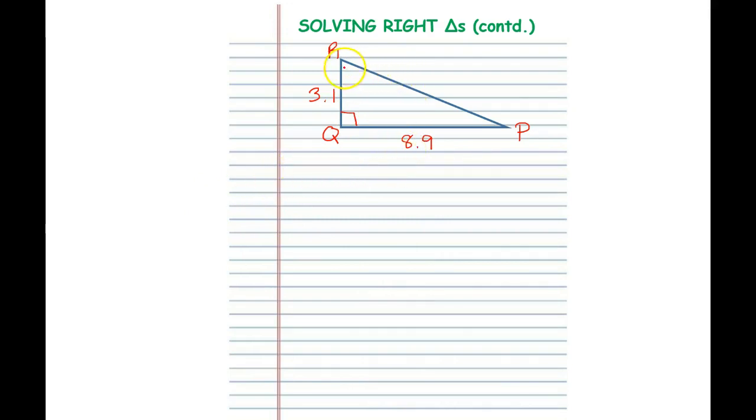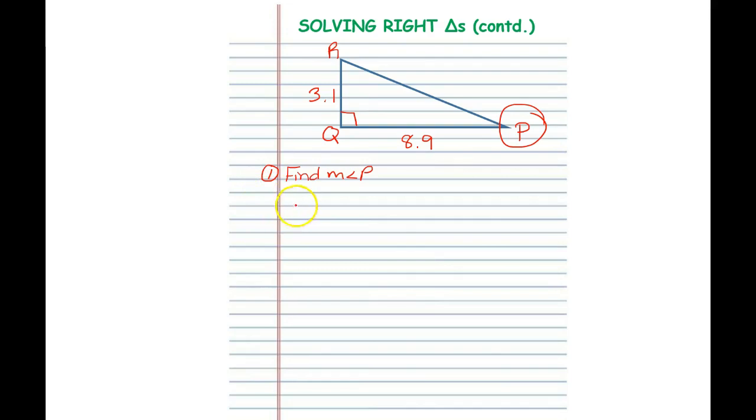If you notice, this time we don't have angle measures, so we get to use the inverse to find angle measures. So let's find the measure of angle P first. All right, if you look, here's angle P. We are given the opposite and the adjacent.